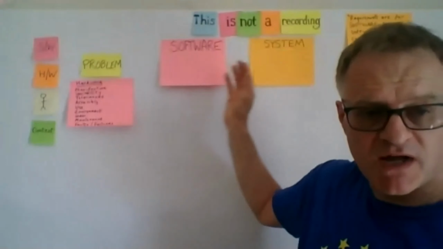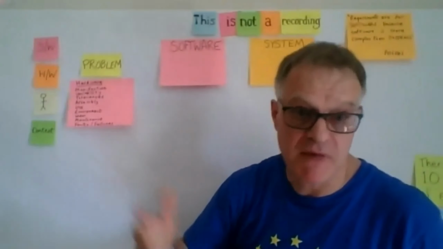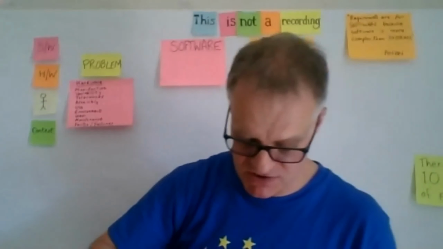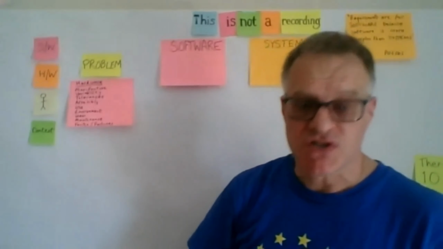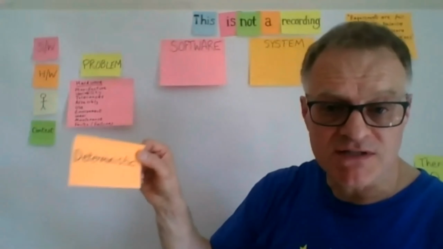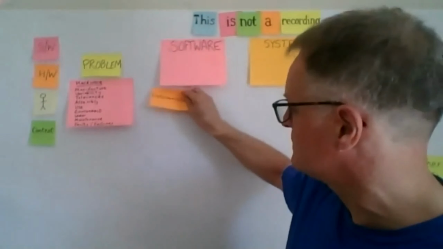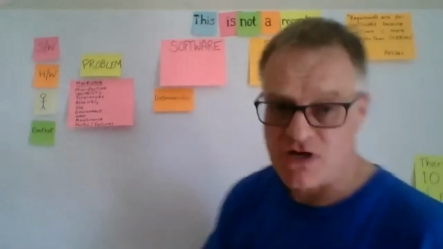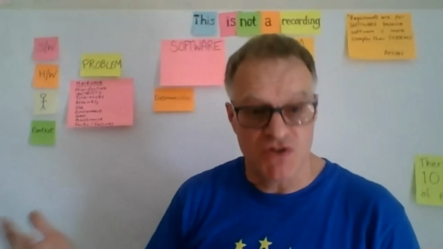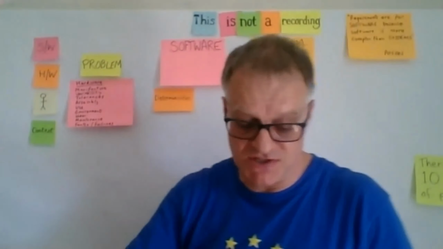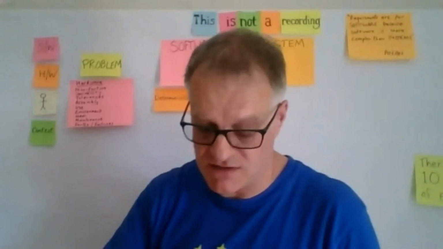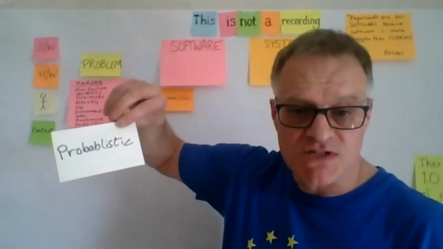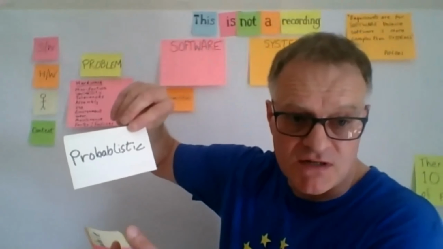So, software and systems, some main differences, some characteristics of them. So, software is primarily deterministic. So, you put in a particular input and you will get the same output because it's the same thing every time, if you like. Systems are principally probabilistic.